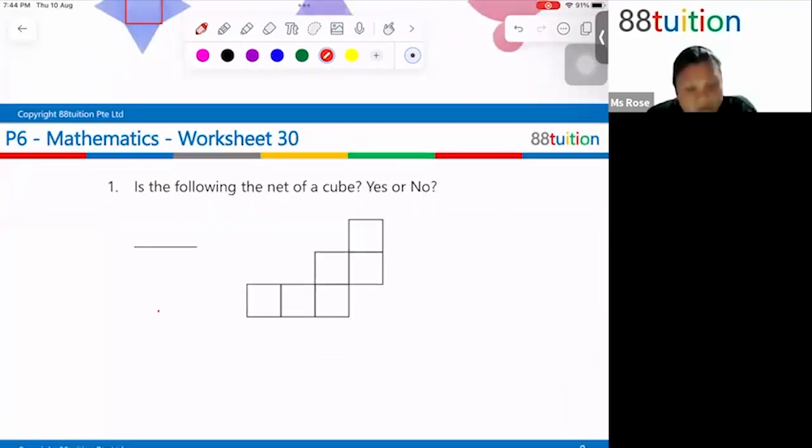So someone asked me question number 1, is it net of a cube? Here, if I take this as the base, so I take that as a base, this is the side, this is the back, this goes to the top. Can you imagine? Side folded down, the back, the side, and this is the top.